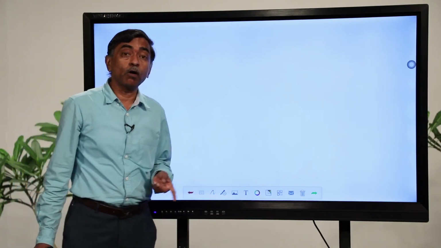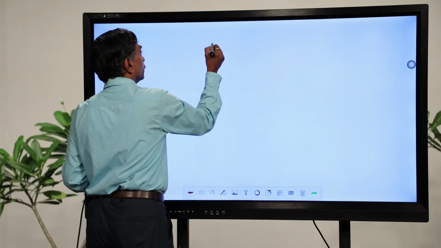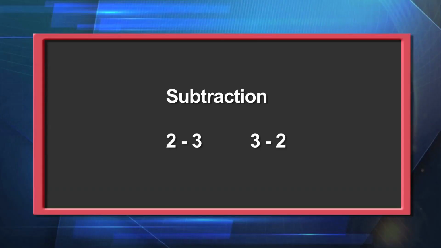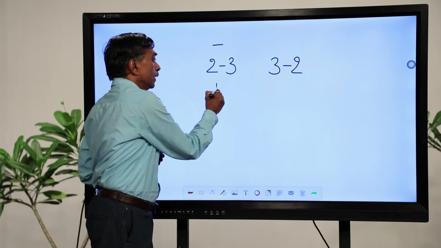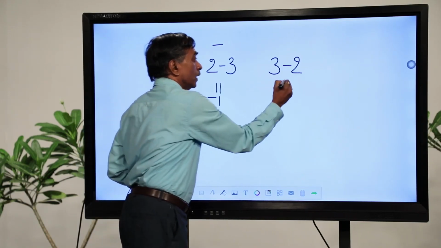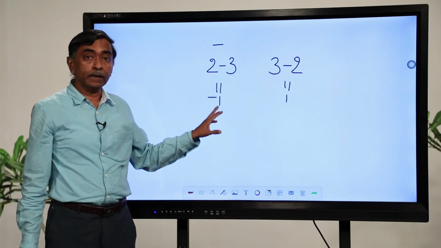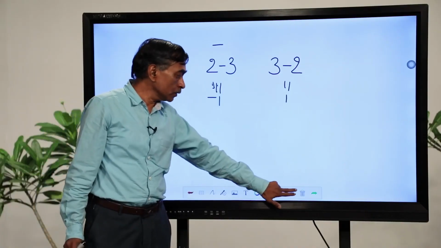Will it hold for the other operations? For example, if I take the operation of subtraction, can I say that 2 minus 3 is the same as 3 minus 2? Here you will find that the value is minus 1, whereas here the value is 1. So, they are not equal. It means that if I interchange the numbers across this particular operation, it is not going to give you the same values.